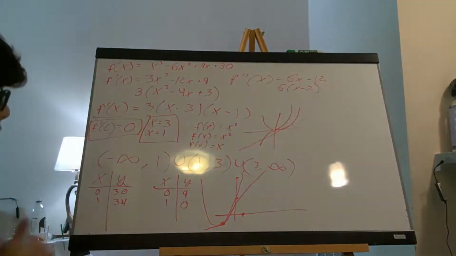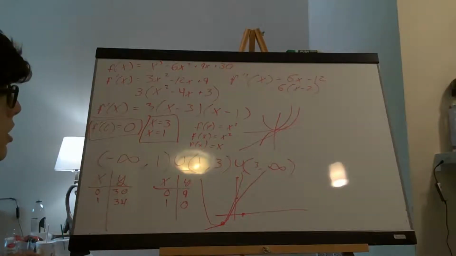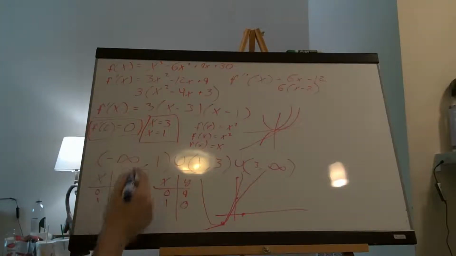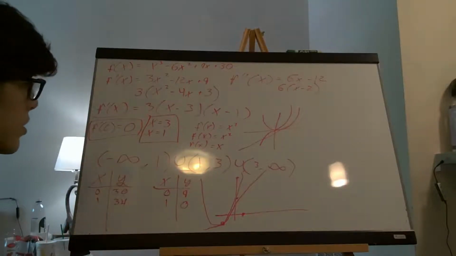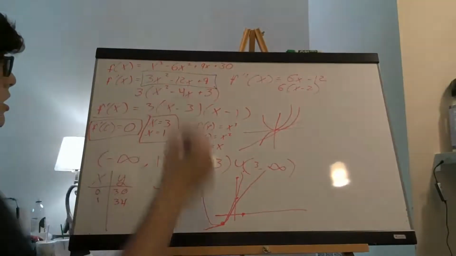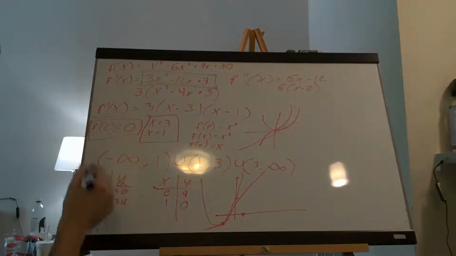Okay, so let's see what happens. So this would be f prime of x right here. So let's plug in 1 for this one.